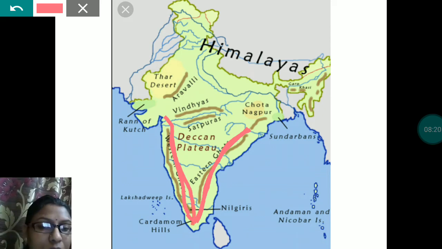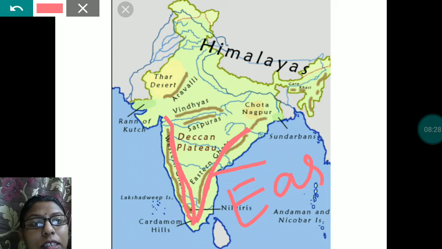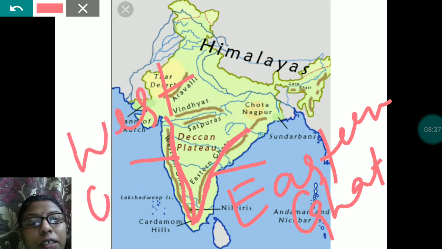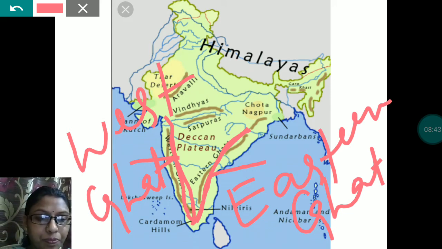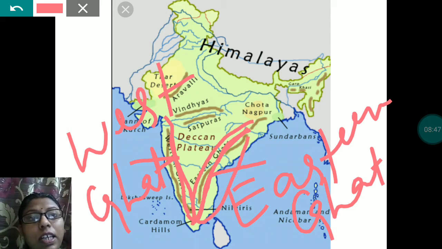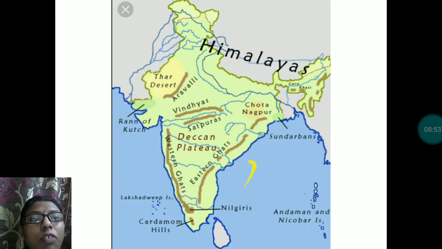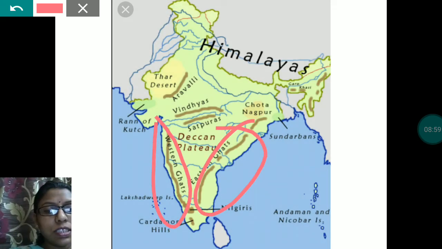This one is the Eastern Ghats, and this part is known as the Western Ghats. It is bounded by the chain of hills, known as the Eastern Ghats and Western Ghats.